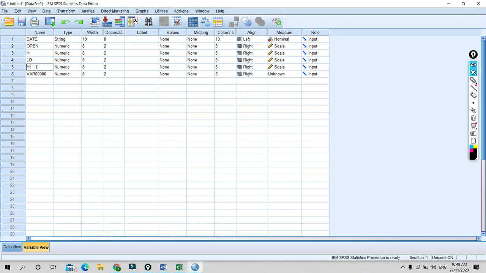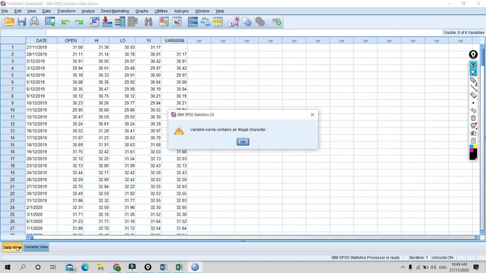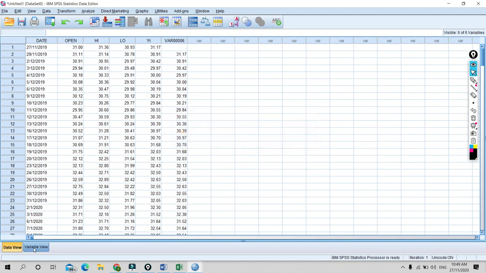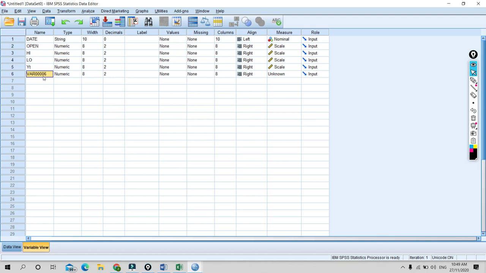My dependent variable is Yt, and my independent variable is Yt minus 1. For statistics, I just estimate R square change, model fit, all these things. Just continue and click OK.